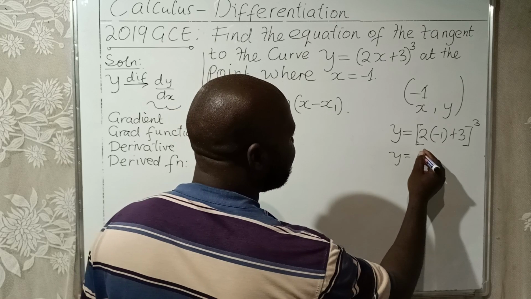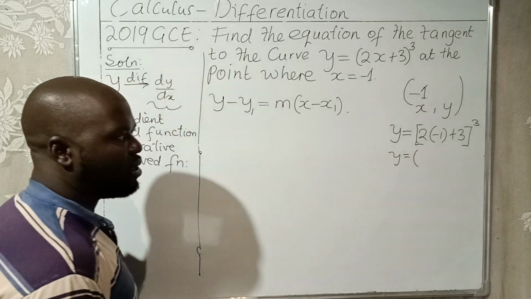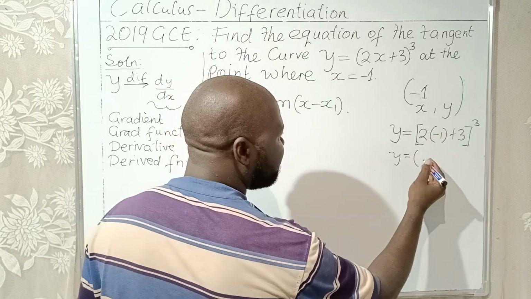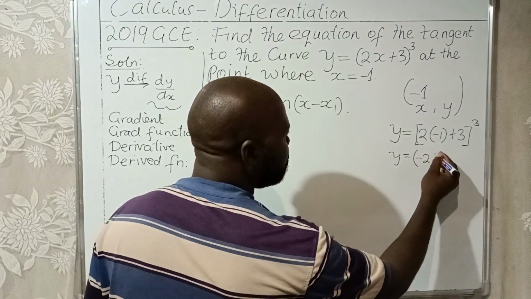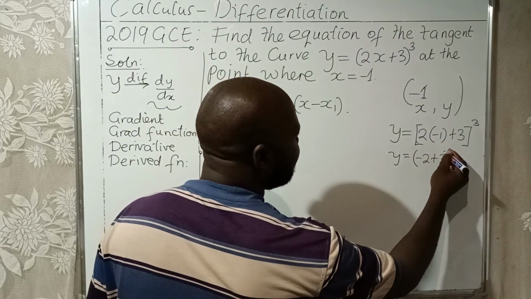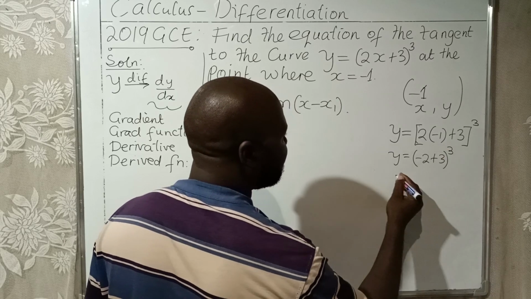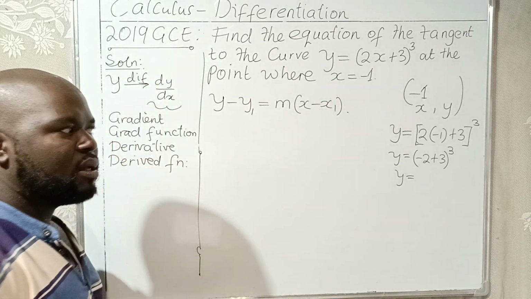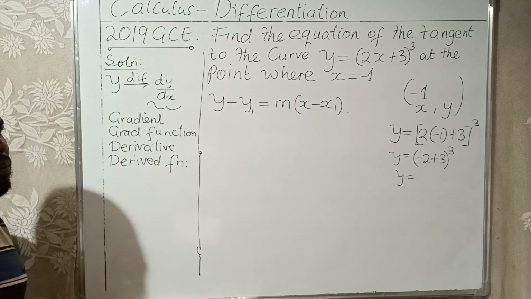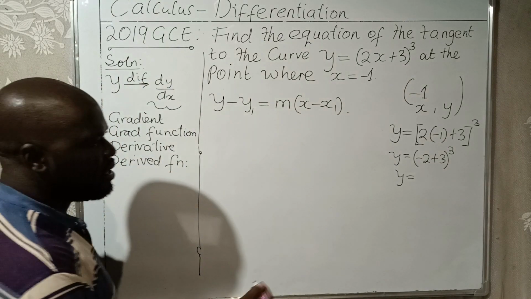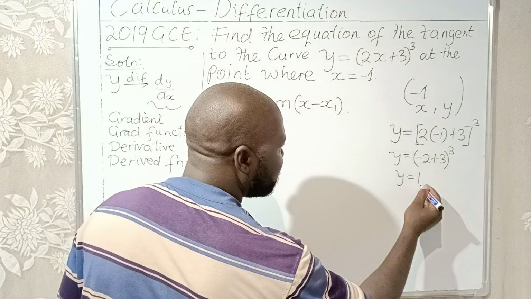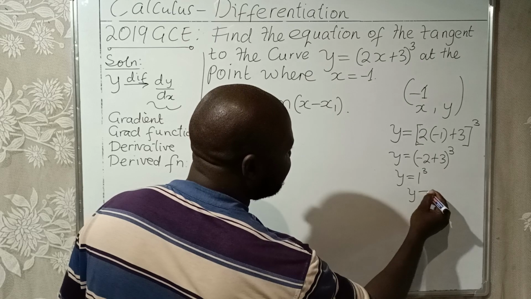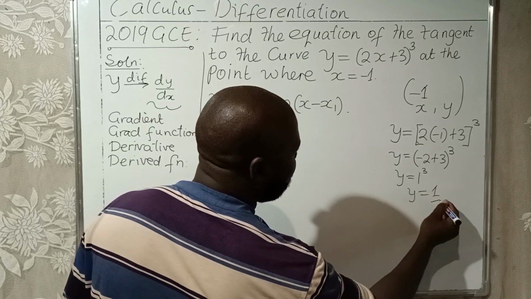Evaluating that, we have 2 by -1, we get -2, plus 3, index 3. -2 plus 3 gives us 1. So we have 1 index 3, which gives our y as 1.